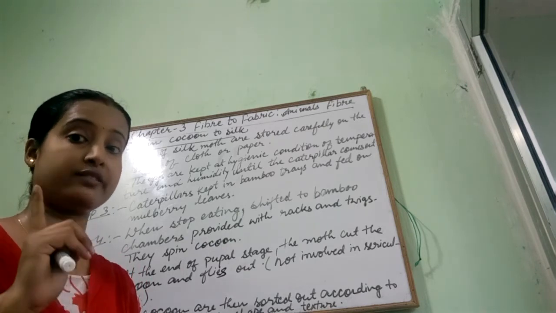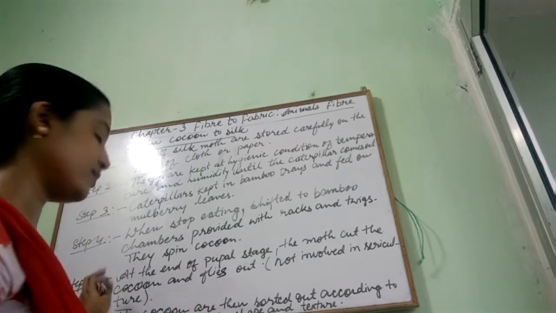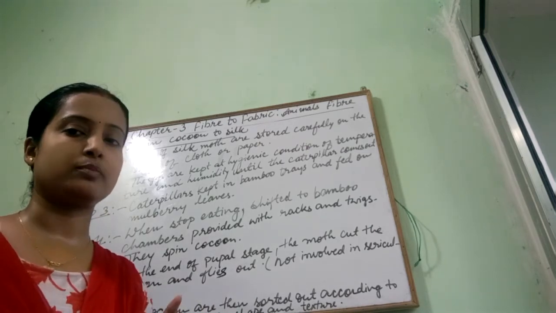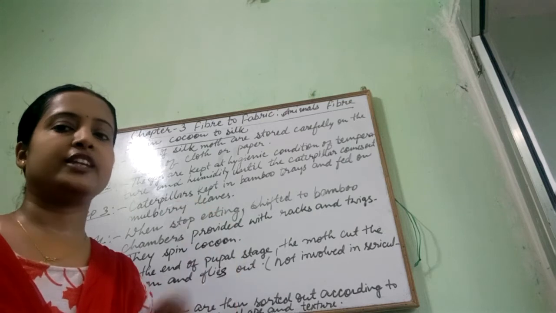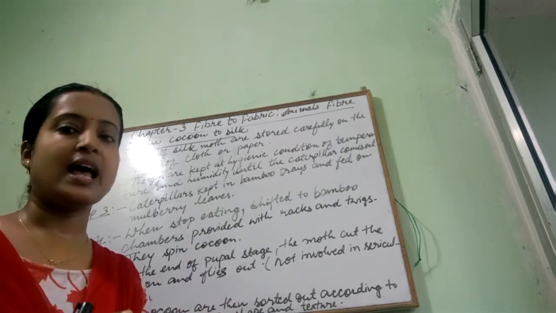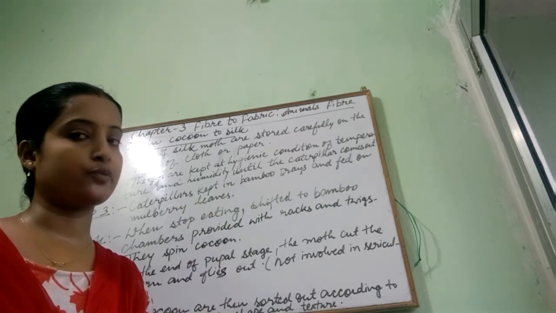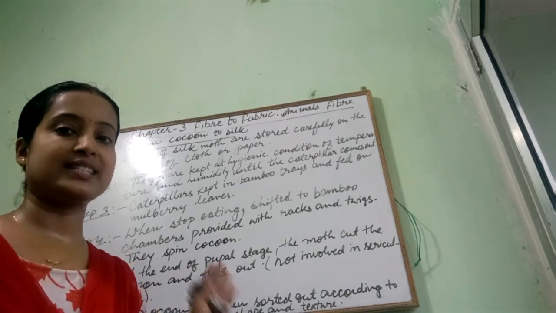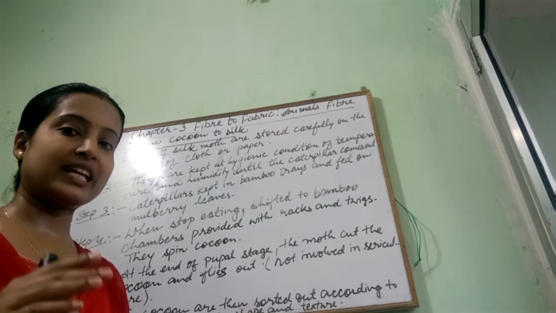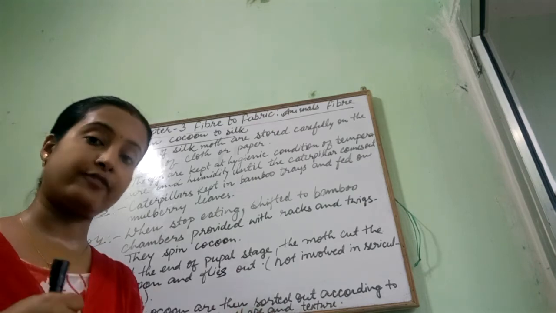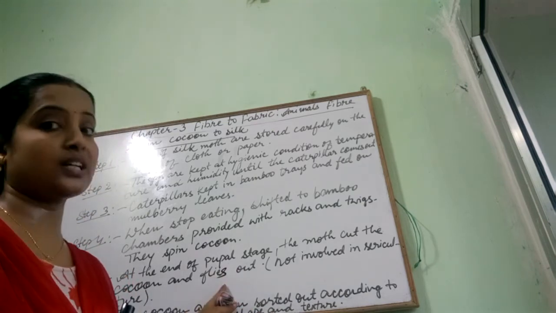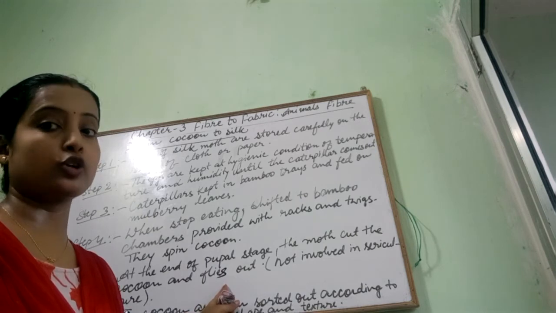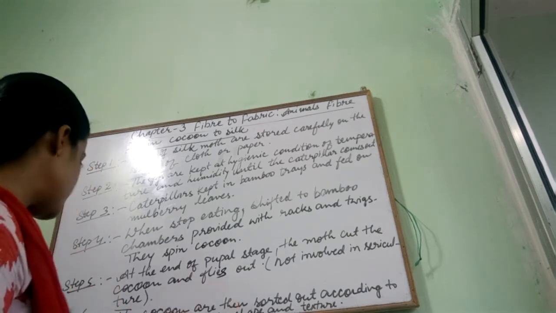But children, remember that step 5 is not involved in sericulture, because once they fly out, the cocoon is wasted and the silk fiber will not be obtained from it. So step 5 is not involved in sericulture. In sericulture, in order to obtain the silk, we are not allowing the pupa to come out from the cocoon.